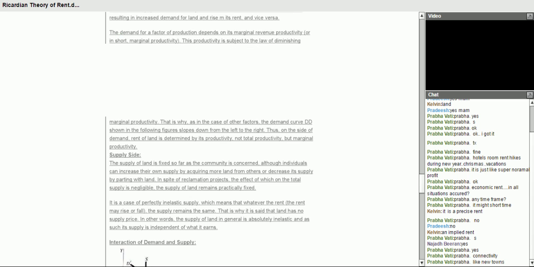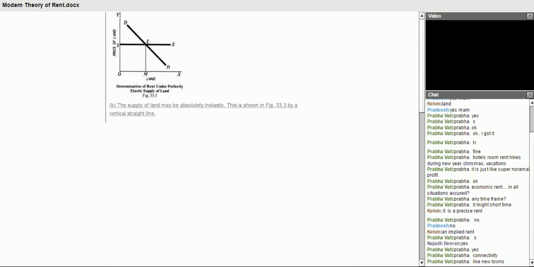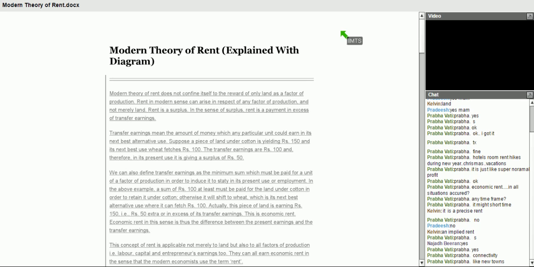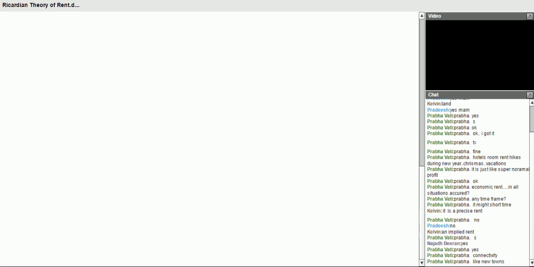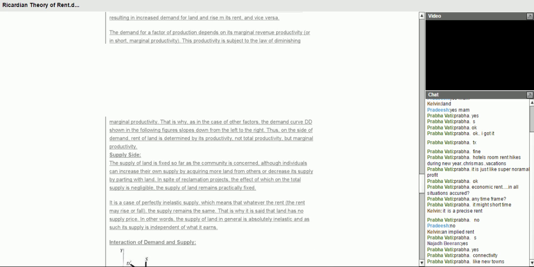I was thinking about the modern theory of rent, but let's not do it right now. Let's just do the Ricardian theory. So let's go to the criticisms.